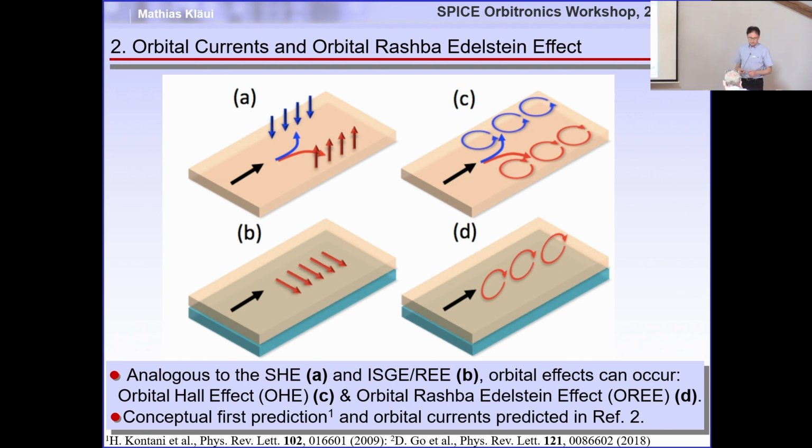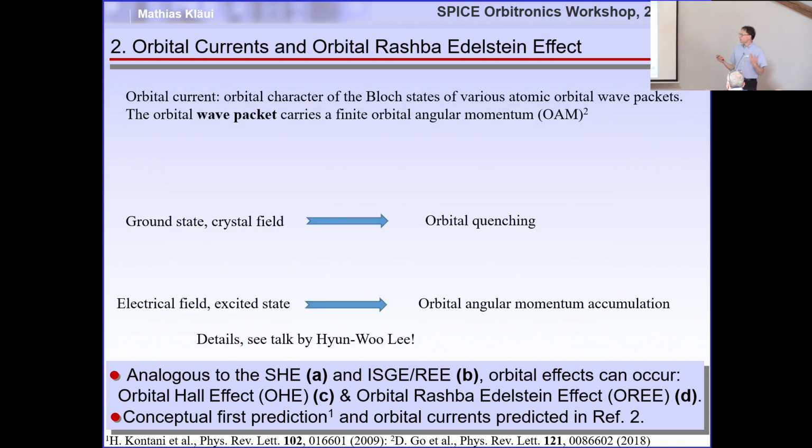But of course, before we go into the details of what we can learn, let me give my summary of what we heard from Hyun Woo yesterday. In 3D metals, typically, we have orbital quenching in the ground state, but when we have an electric field or some other excitation, we can get orbital angular momentum flow or accumulation. And that makes it really exciting.